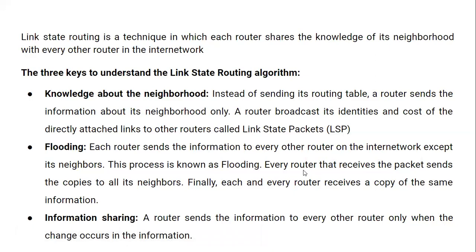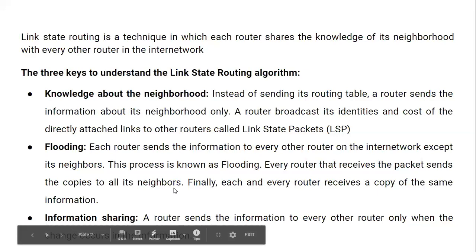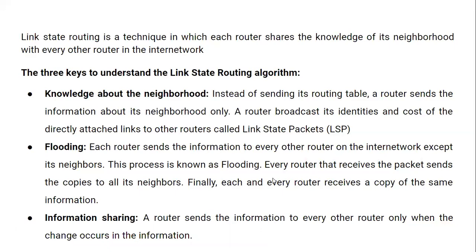In the same way, you know how many people are staying in that lane and how they travel. So each and every packet sends a copy to the neighborhood, so that everyone has the basic information of every other node.